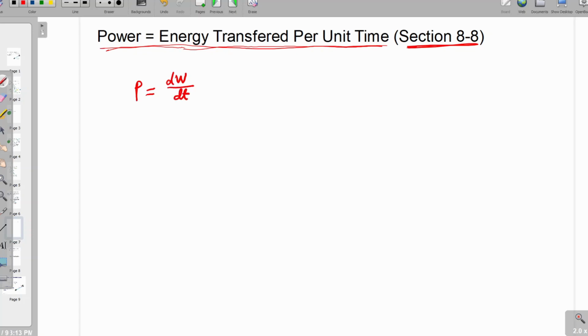This would be the instantaneous power at any given point, the time derivative of work. For average power, let's say that you have a total amount of work done, W, and it takes an amount of time T to accomplish that, then the average power would be work over the time T.